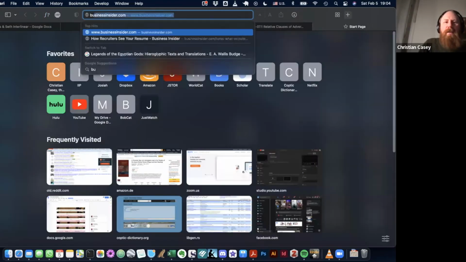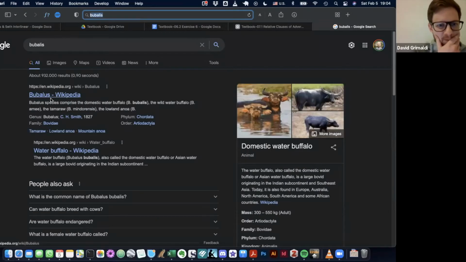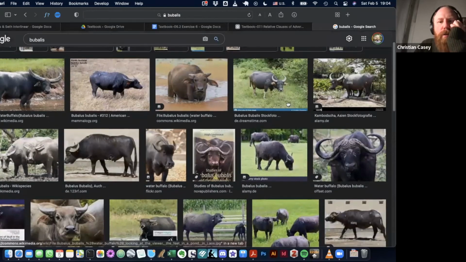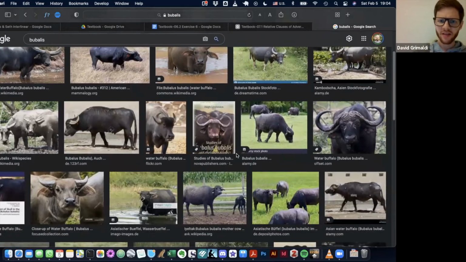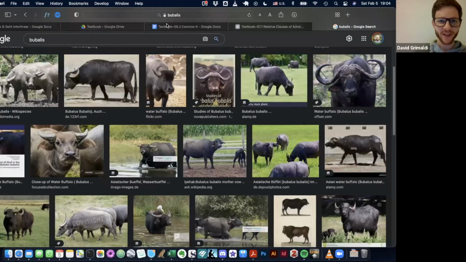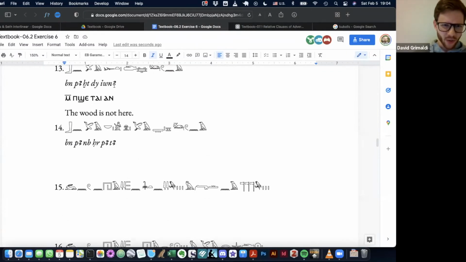Let's look. I always enjoy this. I don't know if everyone else does. I think it's called Bubalis, with a U. Yeah, it's a baby water buffalo. Okay. And I see from the previous exercise that it's dy, I think it's no. EU, yeah, okay. Una is what's left there. That's it.